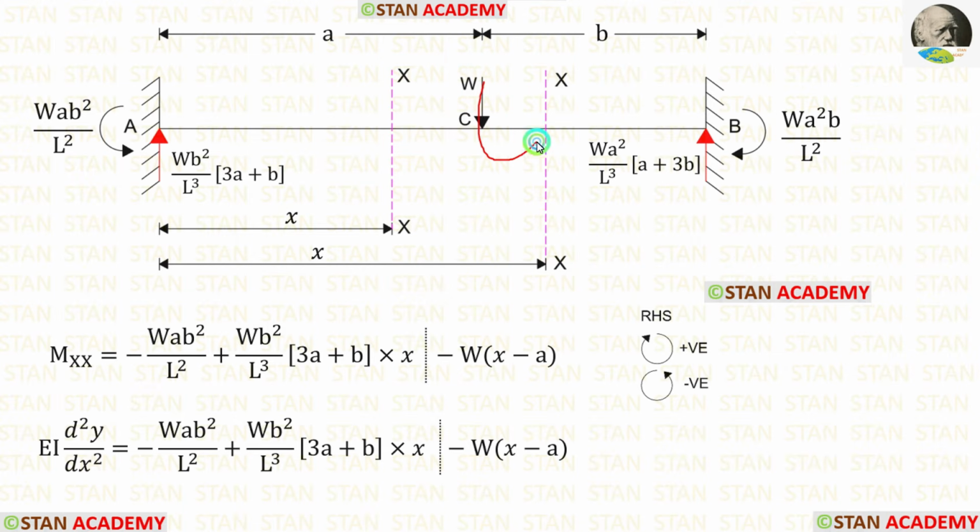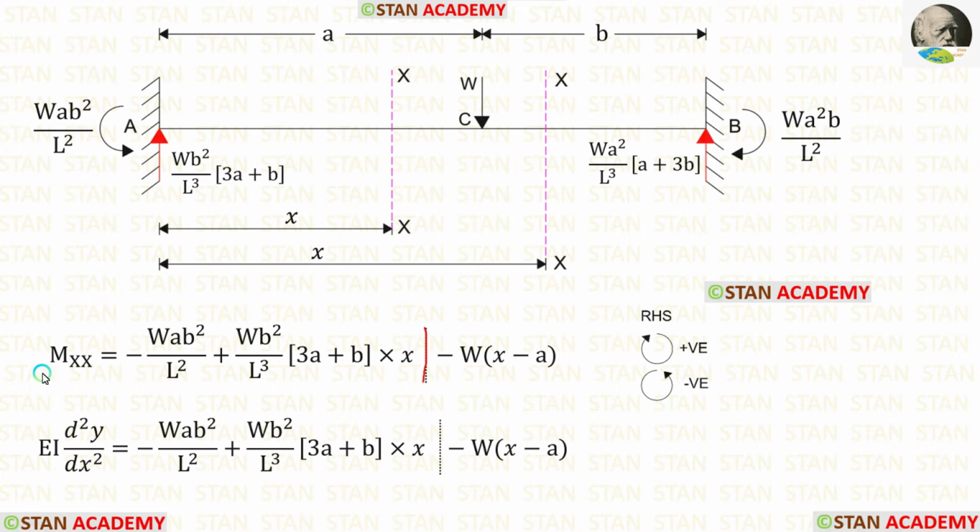This load is acting in the anti-clockwise direction, so it will be negative. For the distance, we have to take this distance. This distance is x minus a. We have calculated the moment from two sections, so we have to divide it by the line.